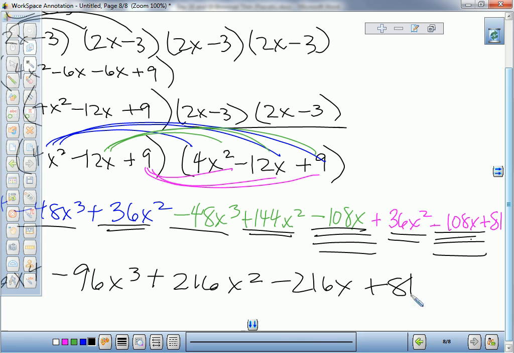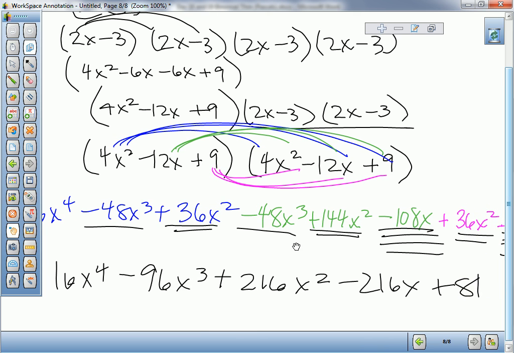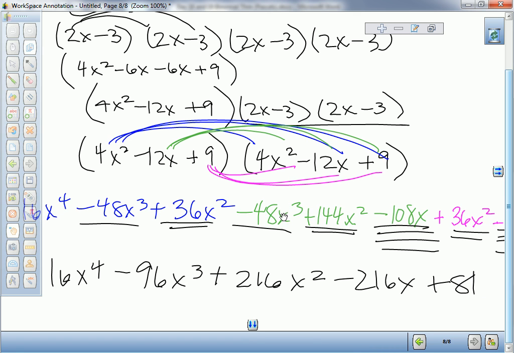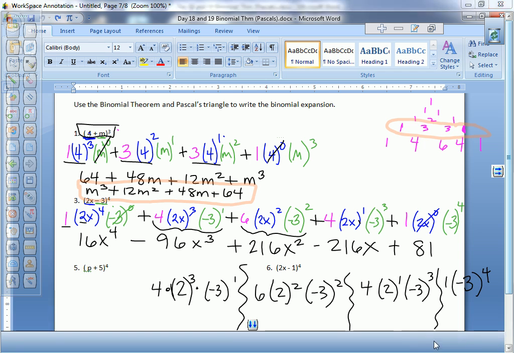And then I have 81. Now, there it is. So that's a long way. So that's how much work we had for that problem that way.